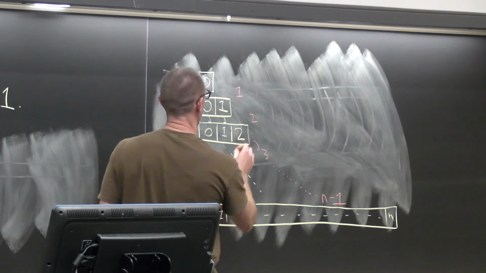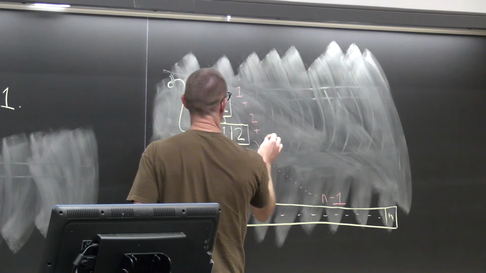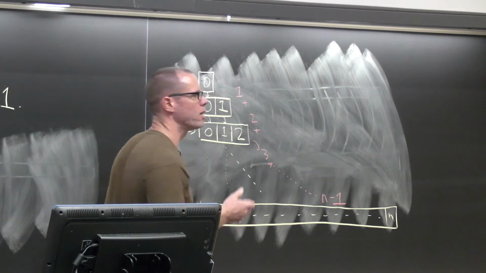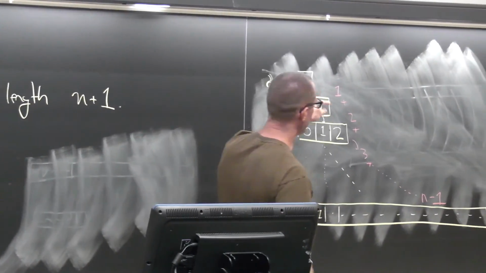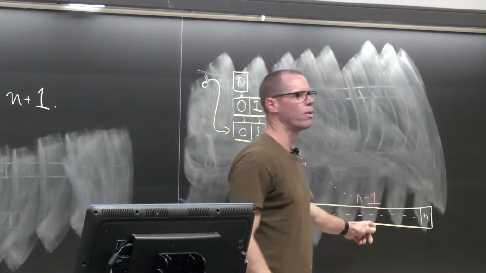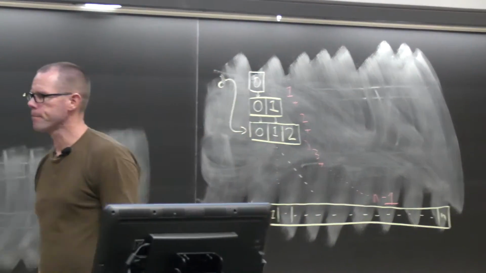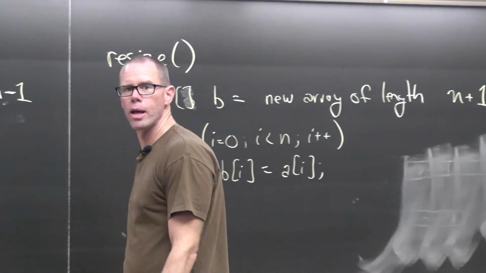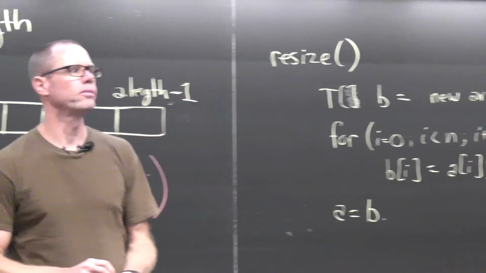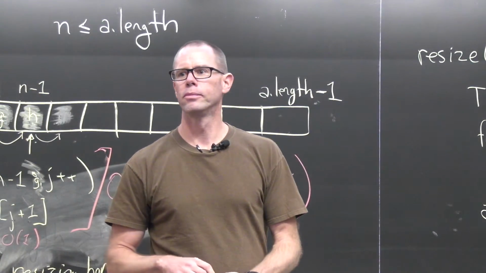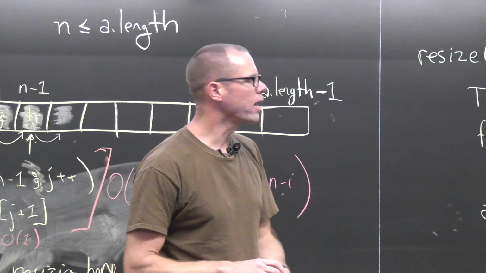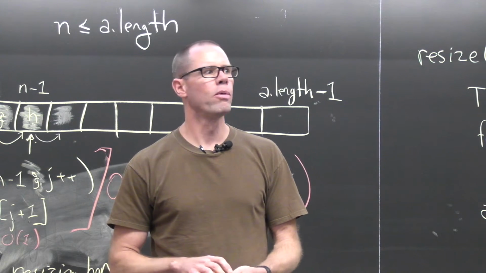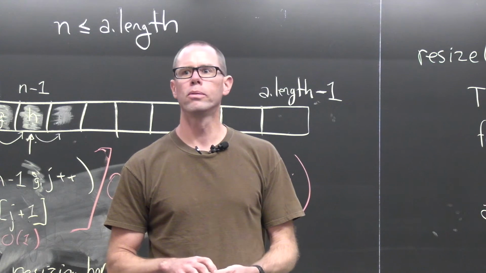Okay? So as a rough estimate, we'll count the number of things we copy from one array into another. Plus 2, plus 3, all the way up to n minus 1. Anybody know what it adds up to? Something like n squared.